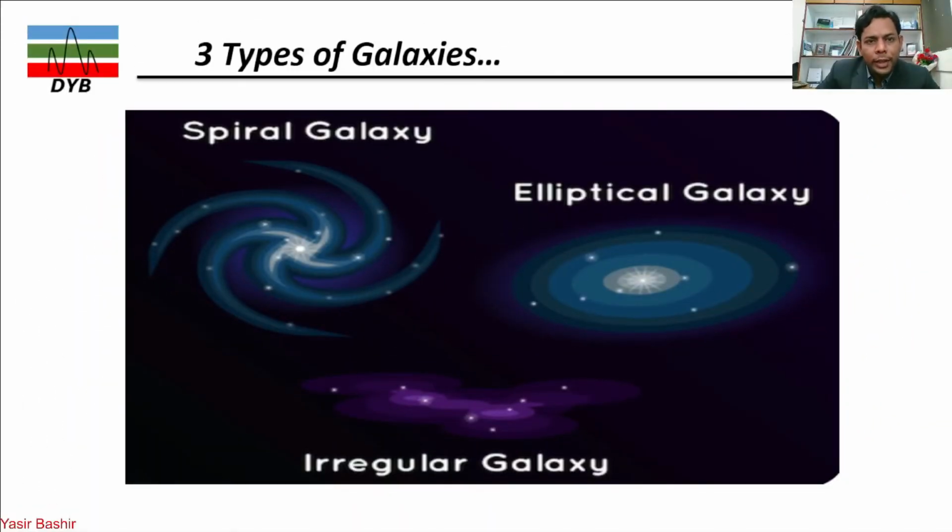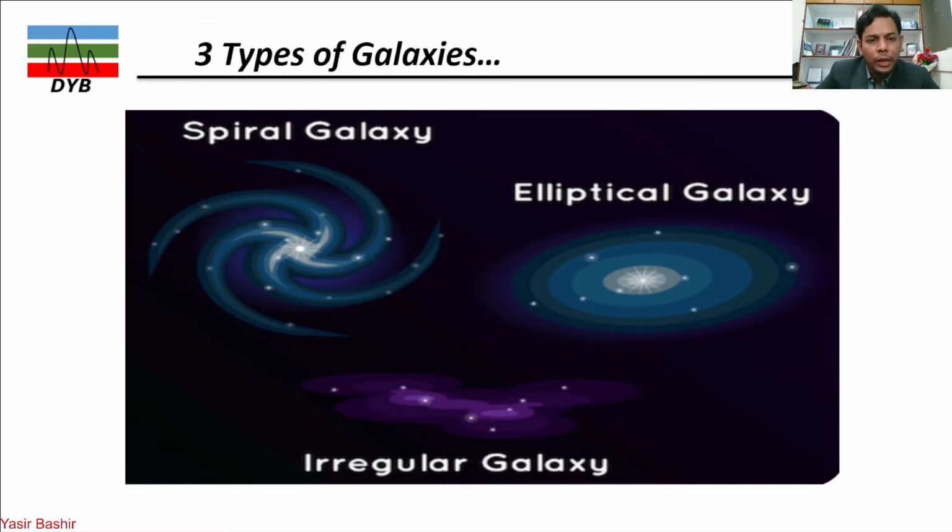Now we look at the galaxy types. How many types of galaxies do we have? There are three types. One of them is the spiral galaxy, which we looked at before, and the galaxy our solar system belongs to, the Milky Way, is a spiral galaxy.